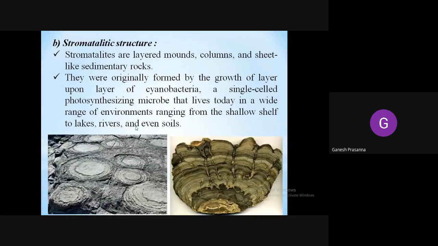That gave rise to cyanobacteria, which started photosynthesis using the carbon dioxide in the atmosphere and sunlight. They enriched the atmosphere with oxygen. Even today, in parts of the Australian seas, you can find these stromatolites very widely.